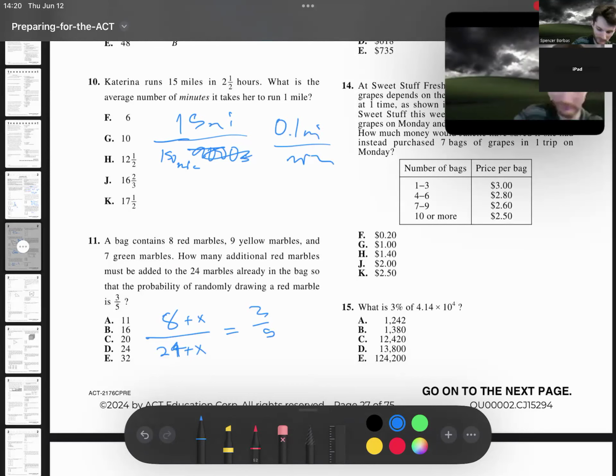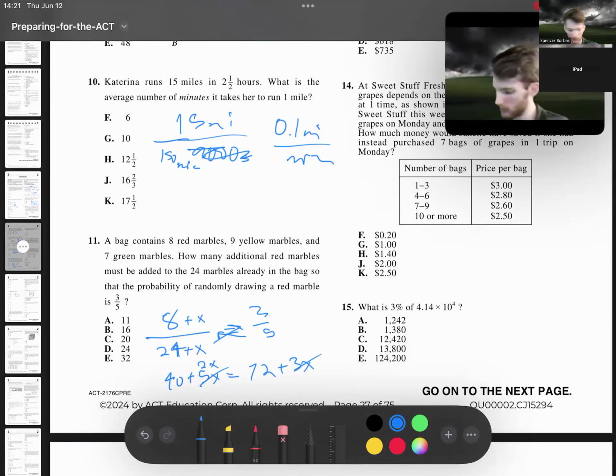I'm going to multiply across, so now I have 40 plus 5x equals, that's a big number, 3 times 24 equals 72. 72 plus 3x, which then means this is 2x. 72 minus 40 equals 32, divided by 2 is 16. x equals 16. The answer is B.